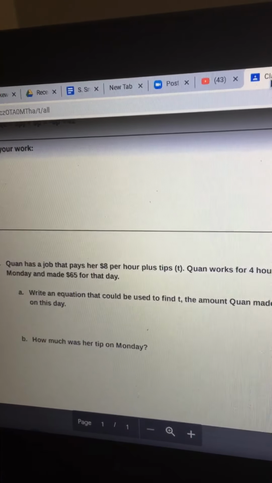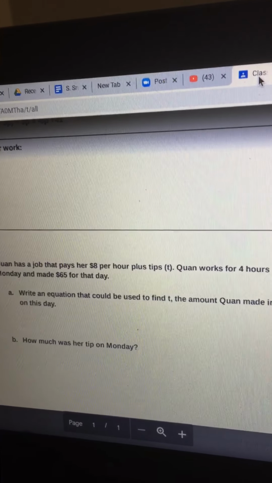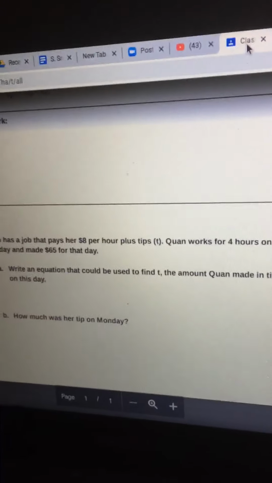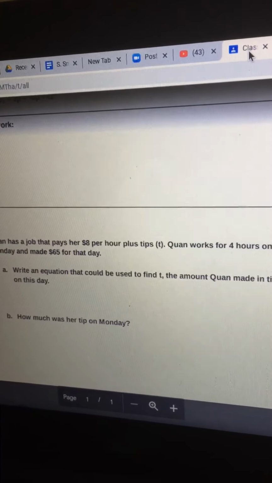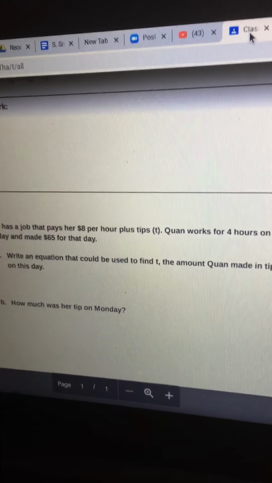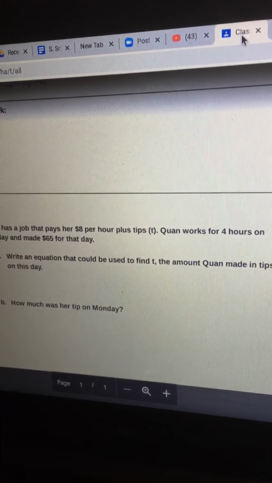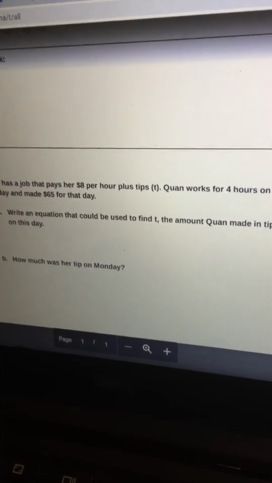Our task is, number one, to write an equation for this problem so we can determine what the amount of the tip was. And then we're going to solve the equation and find out what the tip was for that day.